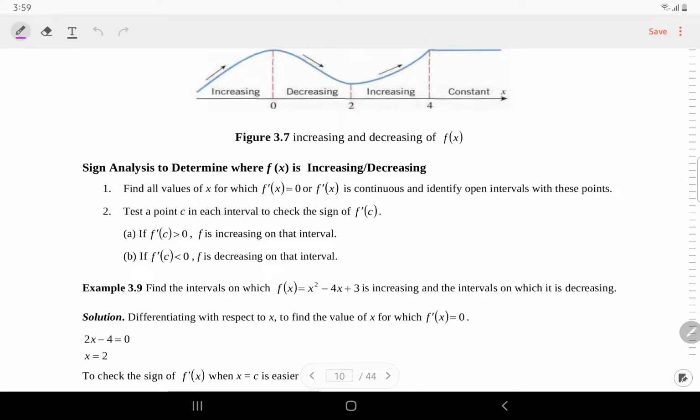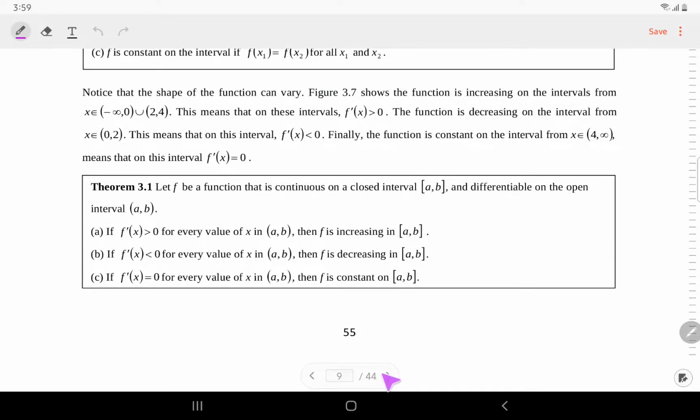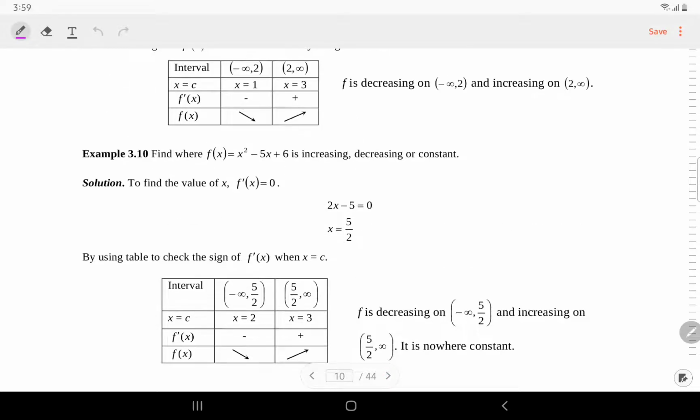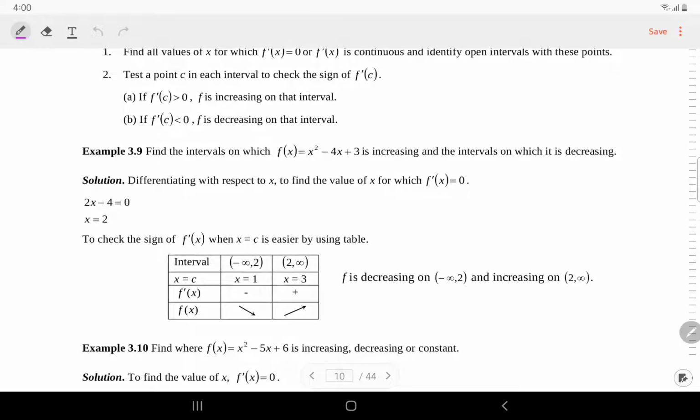Second step, we need to test a point c in each interval to check the sign of f prime c, using the previous theorem, theorem 3.1. So if f prime c is more than 0, it is increasing. If f prime c is less than 0, it is decreasing. Okay, look at this example.